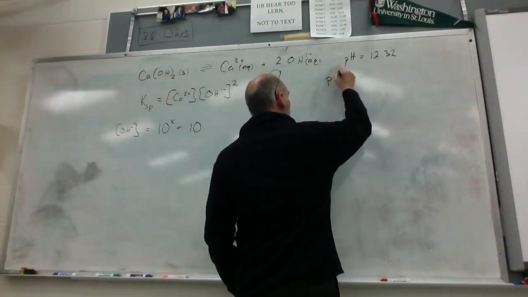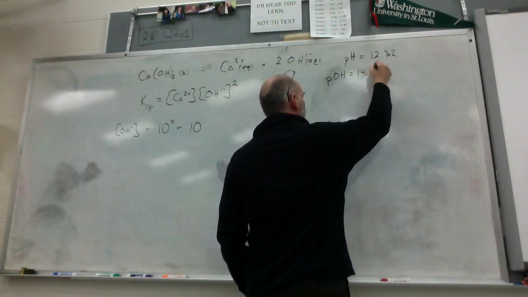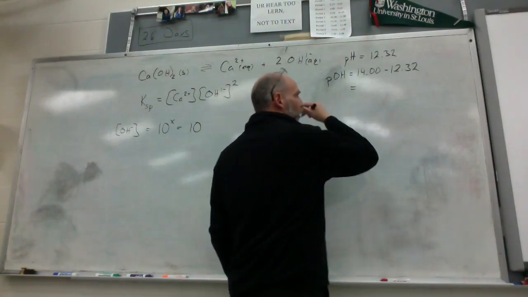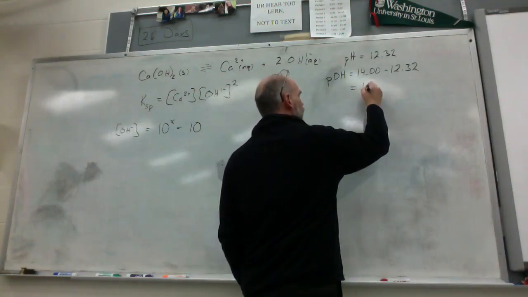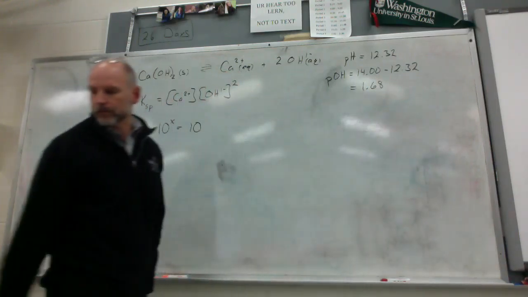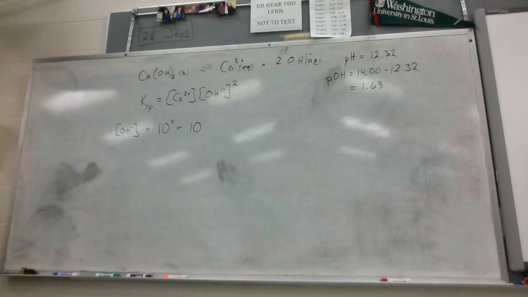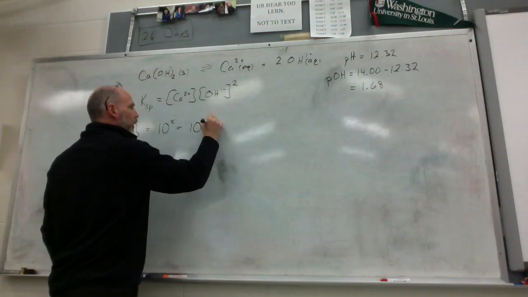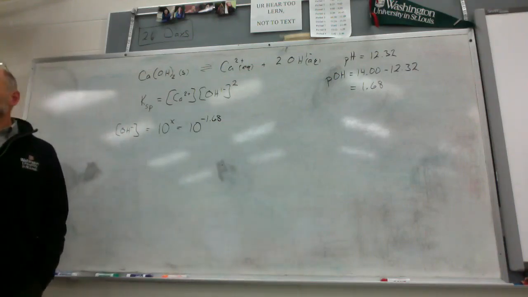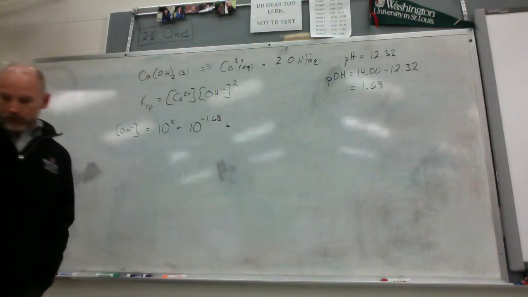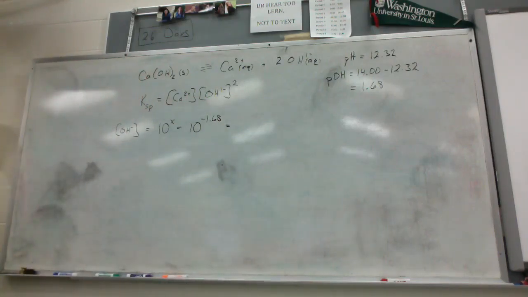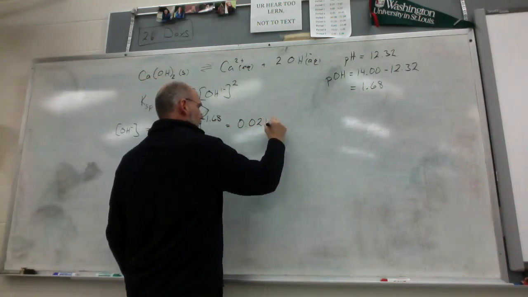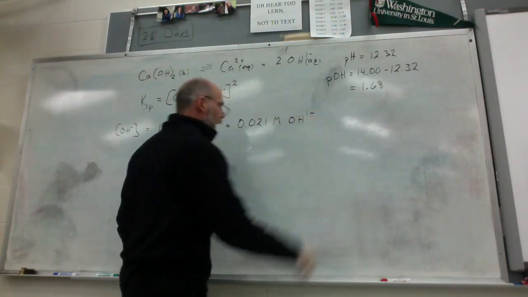So to find the pOH, remember we're going to have to take 14 and subtract from that 12.32, which turns out to be what, 1.68? Yep. Everyone hunky-dory with that? Okay, so now we plug that in here. Now remember, it's going to be negative 1.68. Okay, remember that piece. And it turns out that the hydroxide ion concentration, when I do that, and we'll verify each other, I get 0.021. So it's 0.021 molar hydroxide ion.